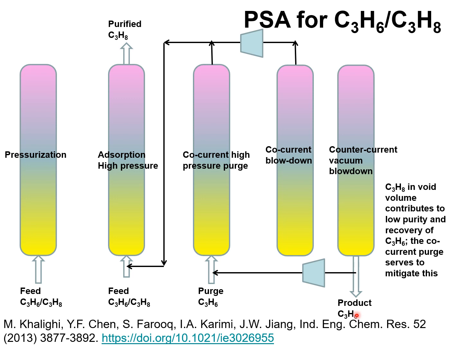the desired purity. The product purity is dictated strongly by the amount of propane that is still present in the void volume and in the pores in this final countercurrent vacuum blowdown step.